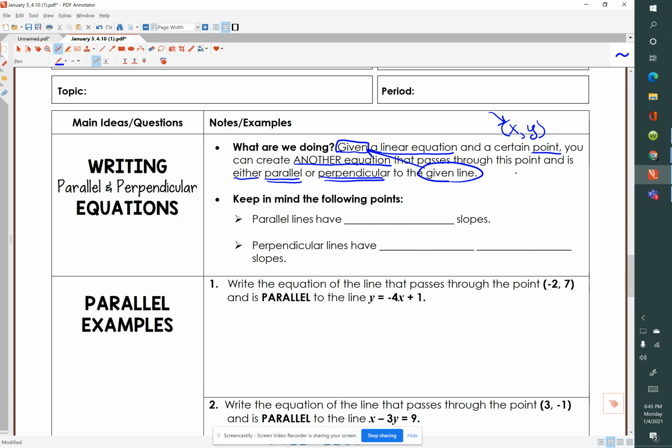Remember, parallel and perpendicular. Let's do perpendicular with another color. So that's parallel, here's perpendicular. So what do we remember from yesterday? Parallel lines have the same slopes. Perpendicular lines have negative reciprocal slopes.